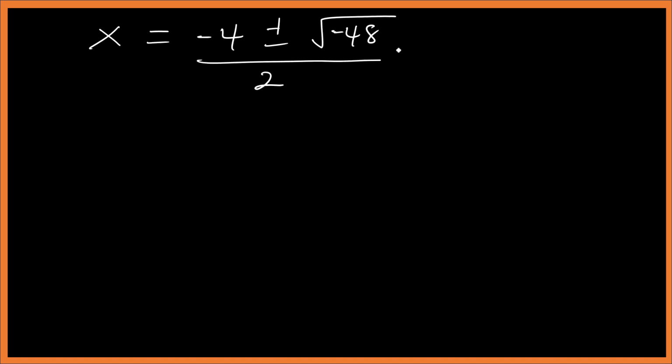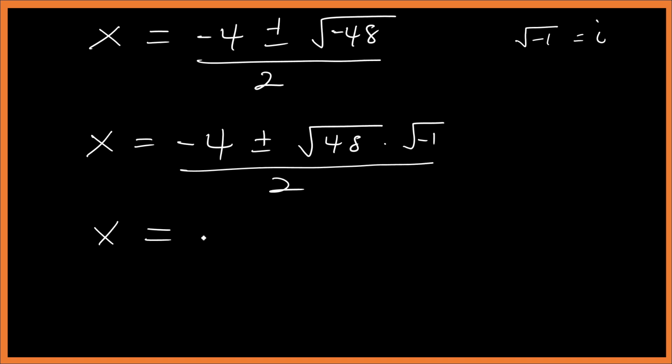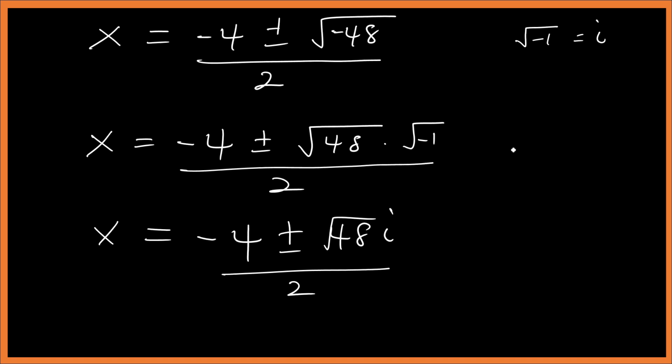Alright, so we know from complex numbers, square root of negative 1 is same as i. So let's bring the negative out. So this side is same as minus 4 plus or minus square root of 48 times square root of negative 1, over 2. So we can say x equals minus 4 plus or minus square root of 48 i on 2.